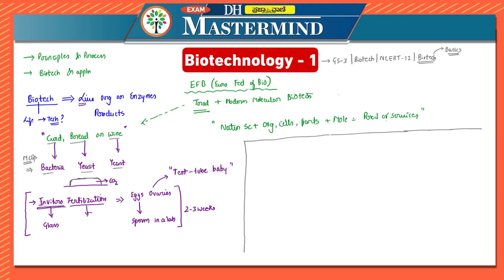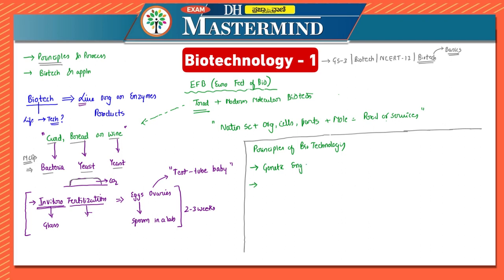Now let us move on to the principles. What are the principles of biotechnology? There are two core techniques that enable the birth of modern biotechnology. There are two core techniques or principles. The first one is genetic engineering.